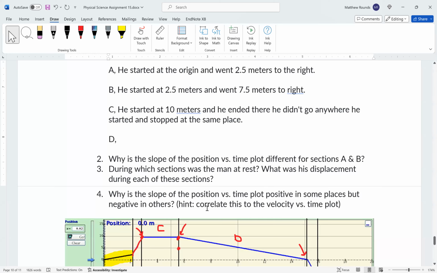So now you've got to say that. You're basically repeating B: where he started, he went blank meters, and then you indicate direction, whether it was left or right. So he walked 10 meters to the left to get back to his origin. Yep, that's exactly right. So give me a sentence that says that.